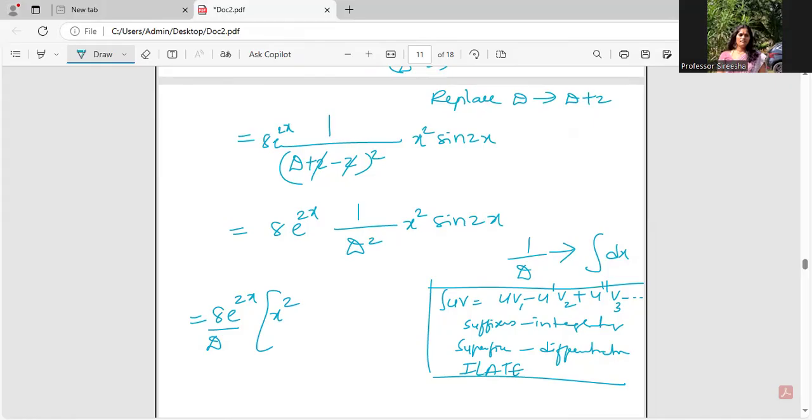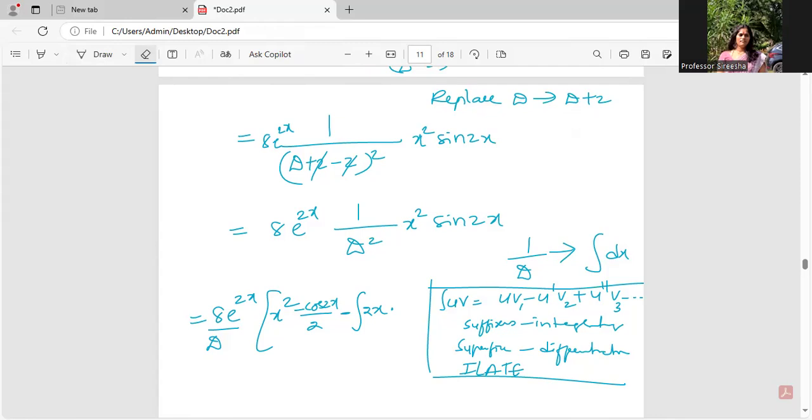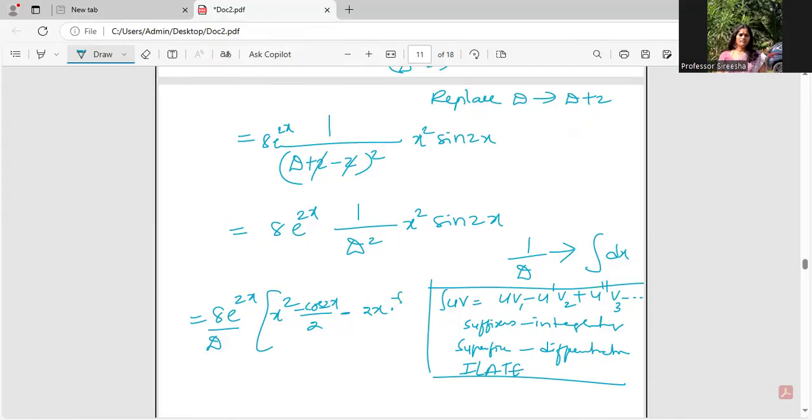Sin 2x integration would be minus cos 2x by 2, minus integration of x squared derivative is 2x into, of course, I don't need to write this integral as well, according to Leibniz, minus 2x into second time integration of u1, v1, cos 2x integration would be sin x, but cos 2x already has a negative sign. Sin 2x by 2 into 2 is 4.